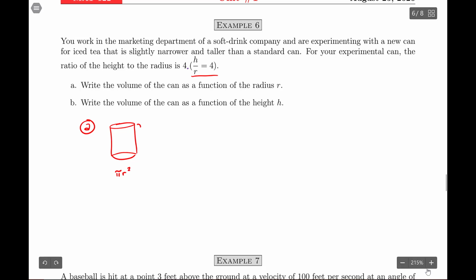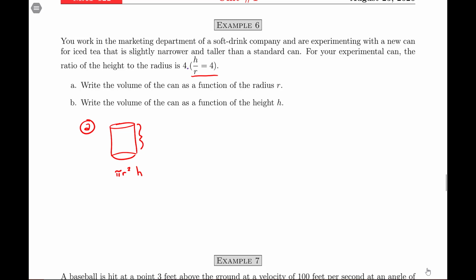And then we also have the height. Sorry, you don't multiply by 2. Forgive me. Pi r squared, which is the area of the circle, times the height is going to give you the volume of the cylinder.